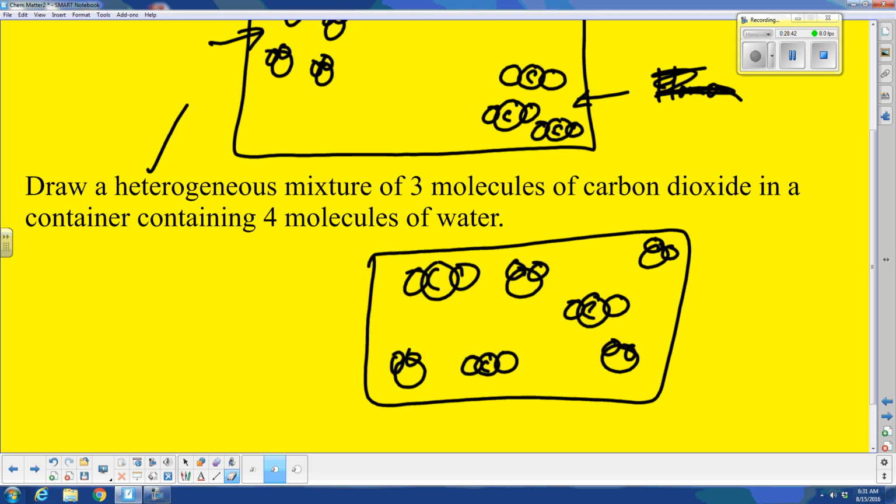In any case, you want these all spread out so that all the carbon dioxides are not together and all your waters are not together. And so this would represent a uniform composition. And so we'd say that this is homogeneous.